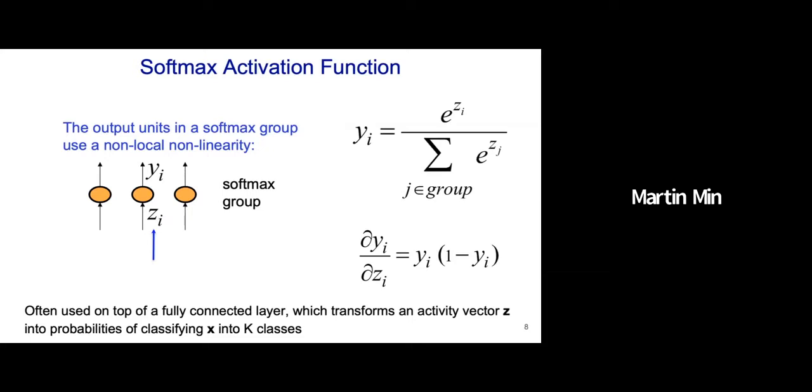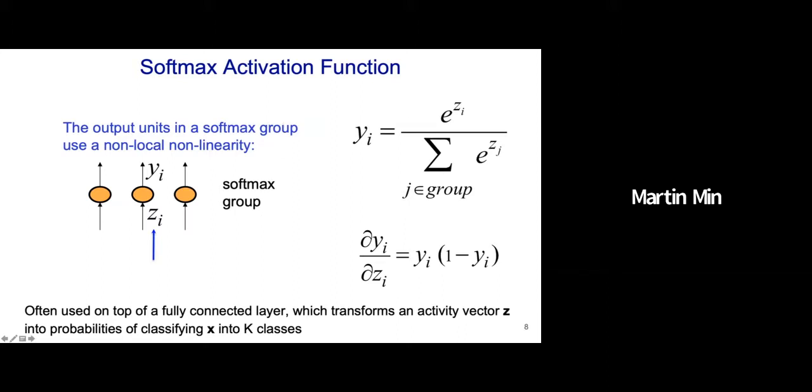For example, for ImageNet, we want to classify the input image x into 1,000 classes, and then we need to use the softmax function with k equals 1,000, to predict the probabilities of the 1,000 classes.